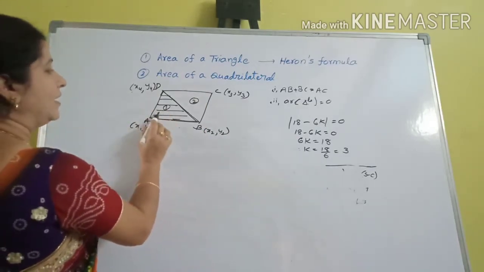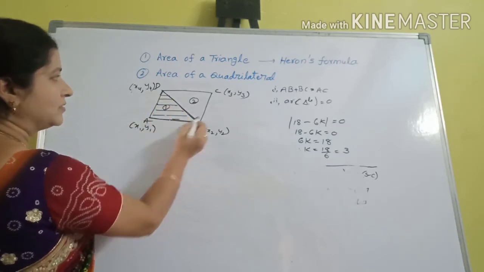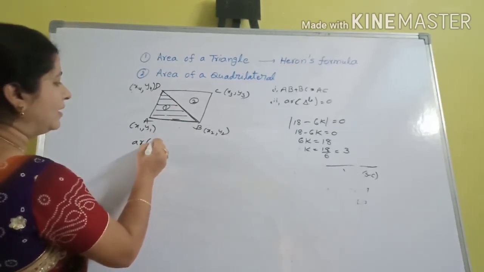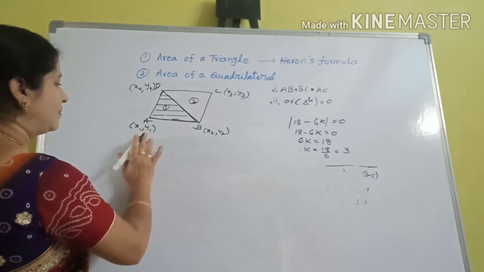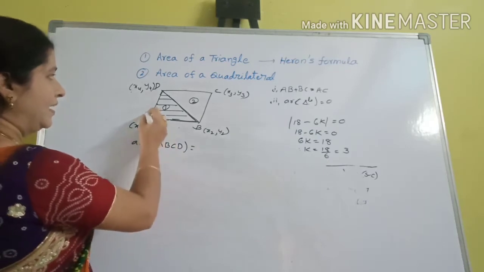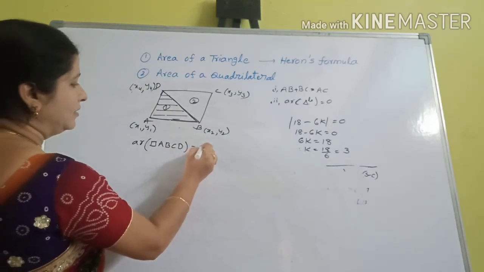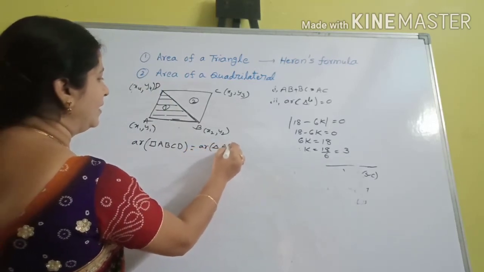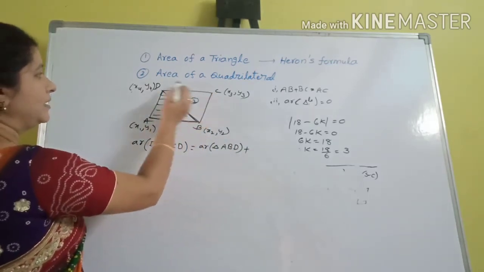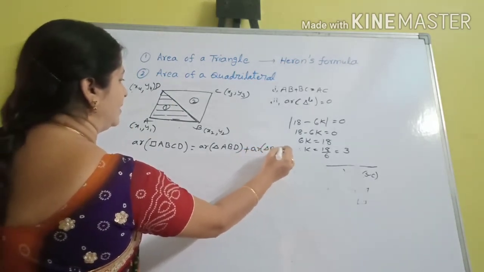First you have to find the area of the 2 triangles. Then add the 2 areas, and you get the quadrilateral area. So here area of the quadrilateral ABCD equal to area of the first triangle, ABD, plus area of the second triangle, BCD.